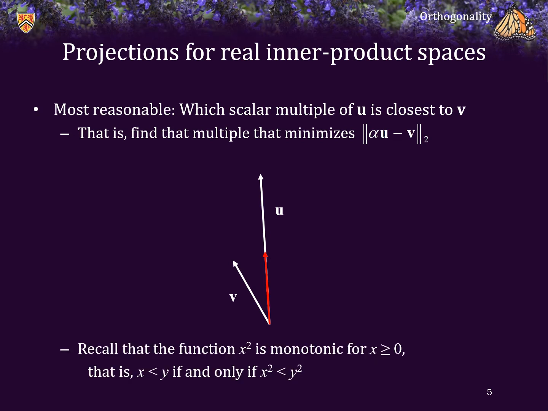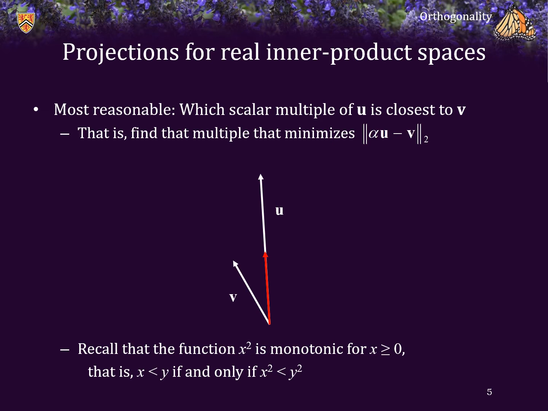Now, recall that the function x squared is monotonic for x greater than or equal to 0. And that means that if x is less than y, that's true if and only if x squared is less than y squared. What this means is that we can minimize either the 2 norm or we can minimize the 2 norm squared.